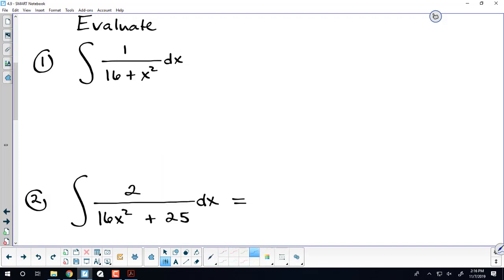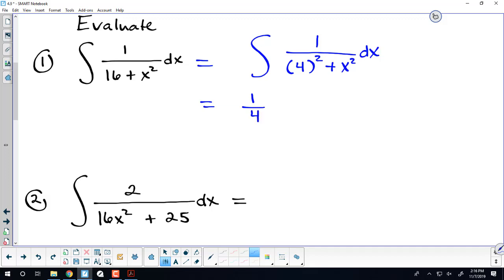Yeah, we want to look at 4 squared. It's the antiderivative of 1 over 4 squared plus x squared. And so there, your a is 4, and the antiderivative is inverse tangent. So it's 1 over a times the inverse tangent of x over a.